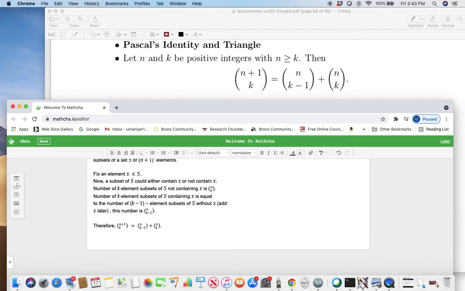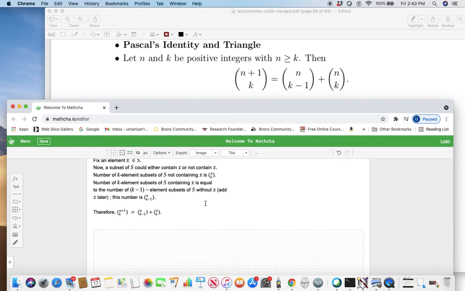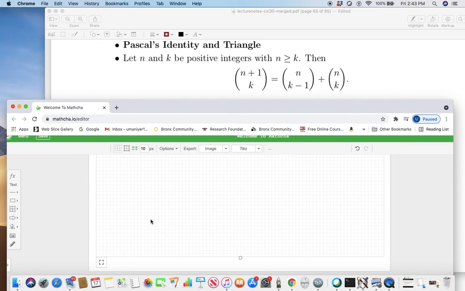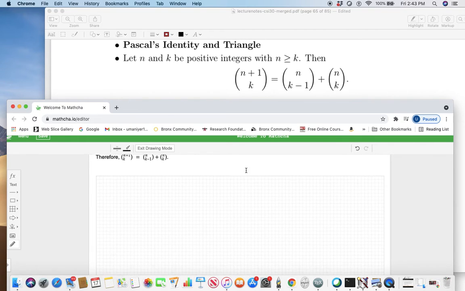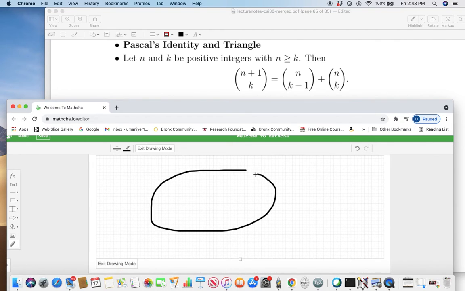Let's do a small drawing. So here is your set S, which has n plus 1 elements. Of those, this one is x. The rest is n. This is n, this is x. So n elements and one more, n plus 1.